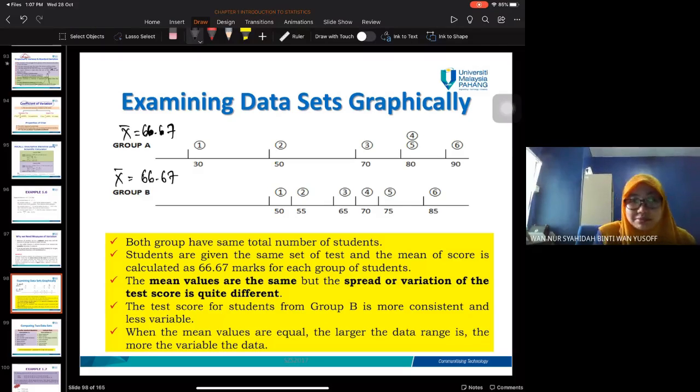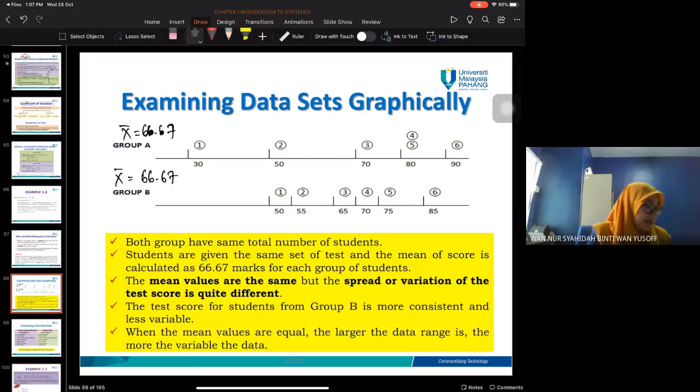We have a similar mean, meaning that it is not significant to use the mean to discuss the data here. So that's why we go to the variation. If we have different means, then we can use the mean to compare which one is good data, group A or group B.